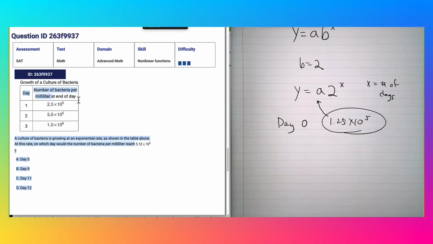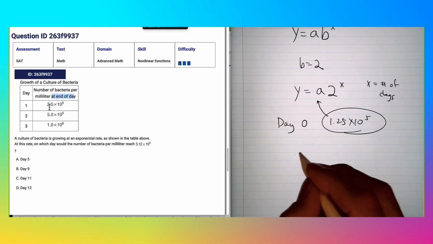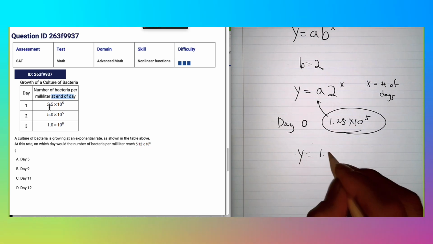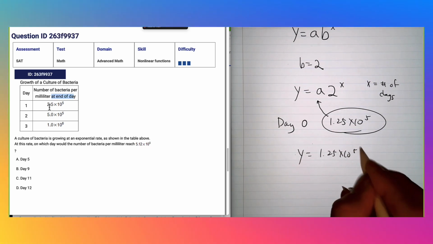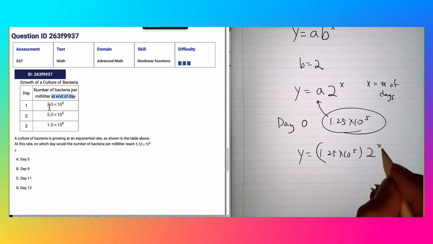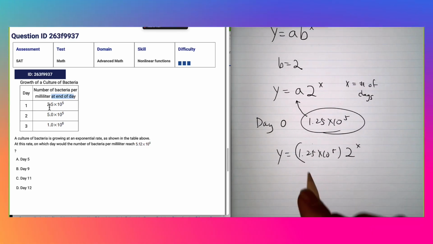It said at the end of the day. That's the tricky part. At the end of day 1, you had this much. So initially, you should have 1.25 times 10 to the 5th times 2 to the x. Because when you plug in x equals 0, then it will give you the amount.